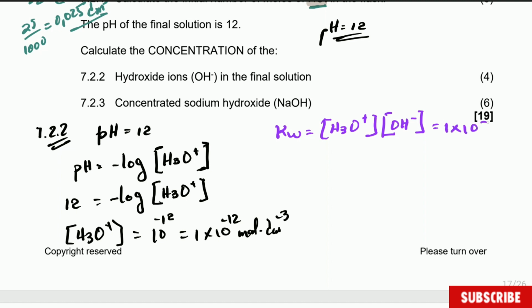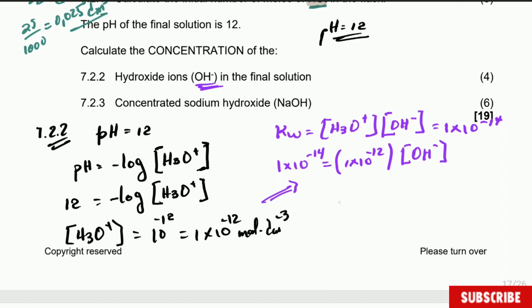So using this, we are going to calculate the concentration of hydroxide ion, which is the question here. So 1 times 10 to the minus 14 is equal to the concentration of H3O+, which we know because it was calculated here. It is 1 times 10 to the minus 12 multiplied by the concentration of OH minus, which is what we are looking for.